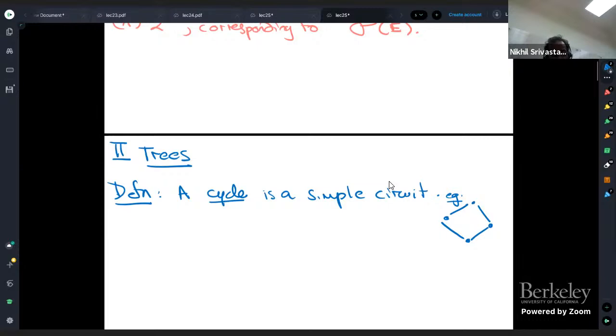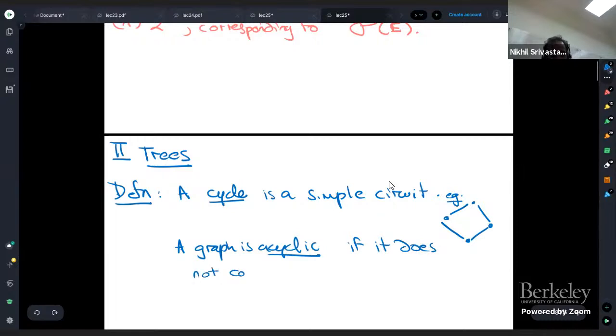Okay, and a graph is acyclic if it does not contain a cycle as a subgraph.